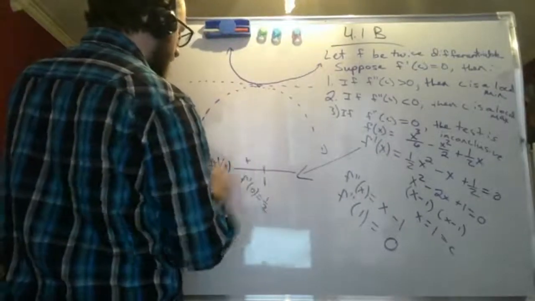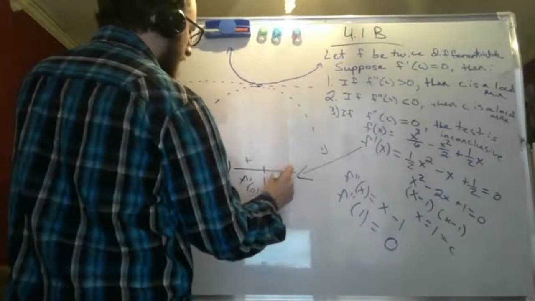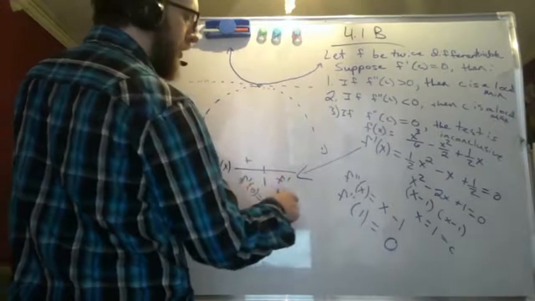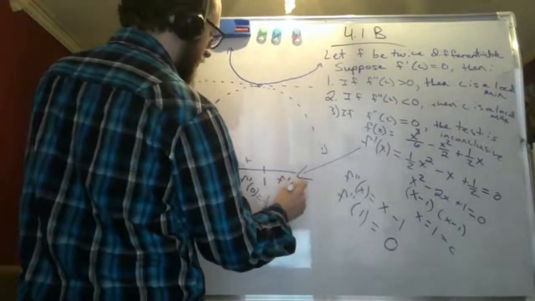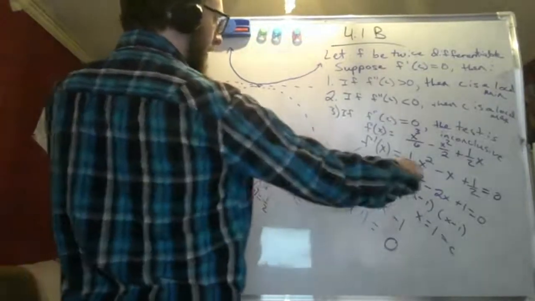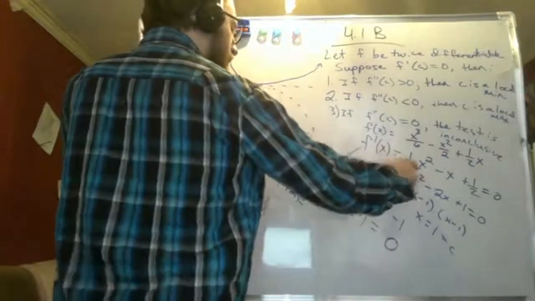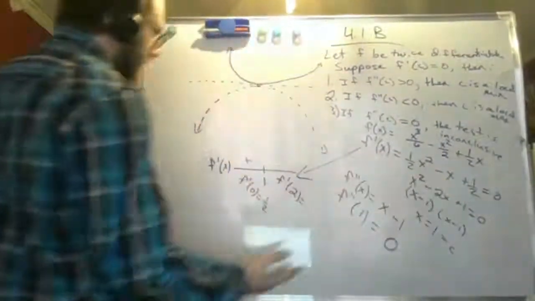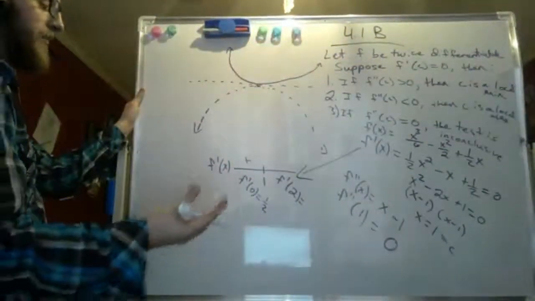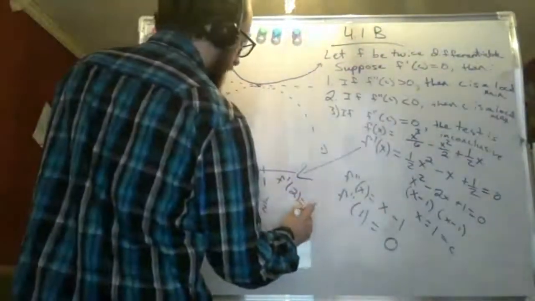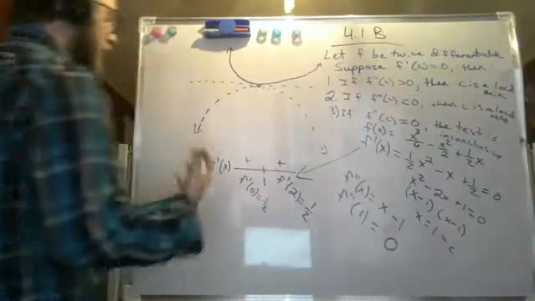So I got a positive here on the left. And if I plug in f prime of, let's say 2, then I'm going to have 2 squared is 4. 4 divided by 2 is 2. 2 minus 2 is 0. And then when I add a half back, I get a positive 1/2. So it's positive again.